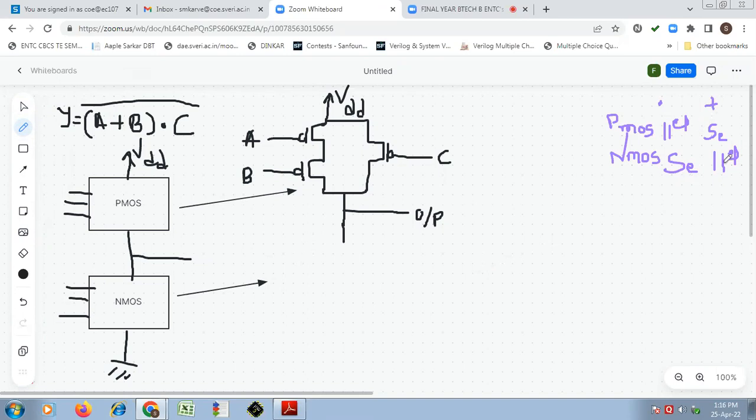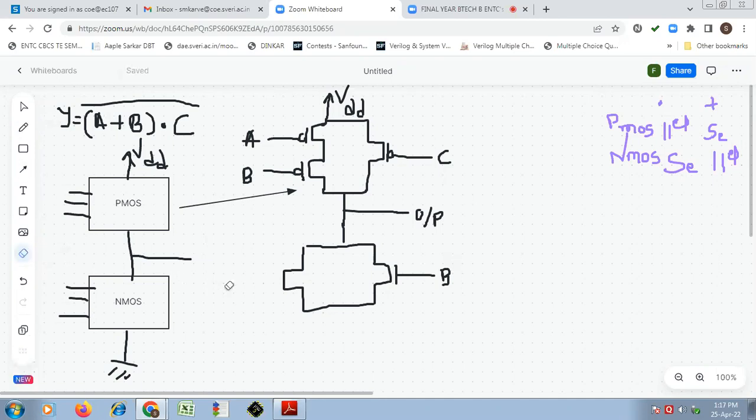This A plus B, first we have to draw in a parallel fashion like this. Similarly here also. This is B and this is A. Okay.